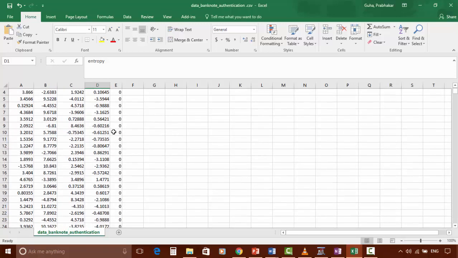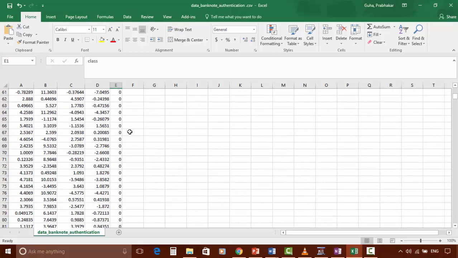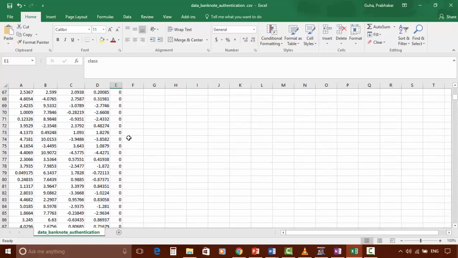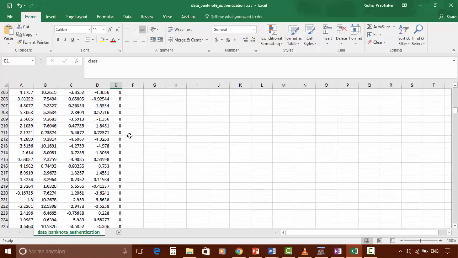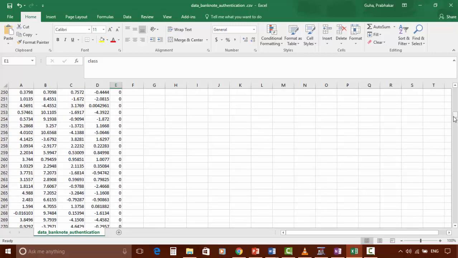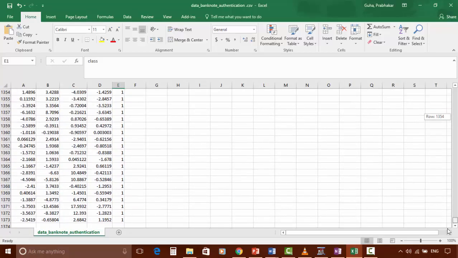This is the class which identifies whether the image is a forged banknote or a real, genuine banknote. So 0 represents forged banknotes and 1 represents real or genuine banknotes.